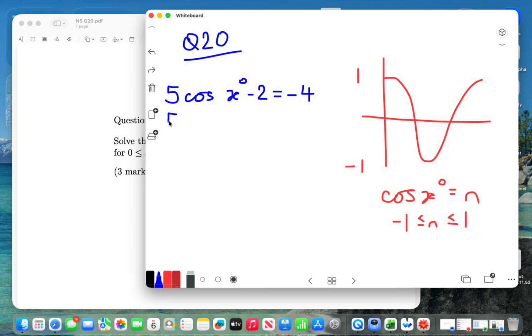So I will add on the 2 to both sides. Then we divide by 5 to get rid of the fact that the 5 is being multiplied on the left hand side. And the golden rule of equations is do the same to both sides.